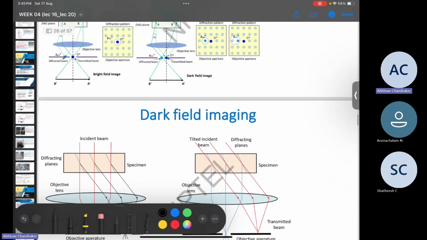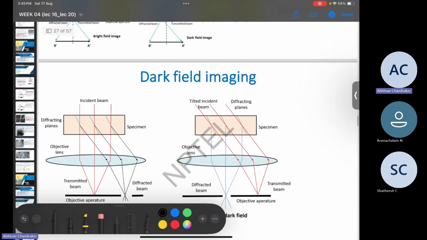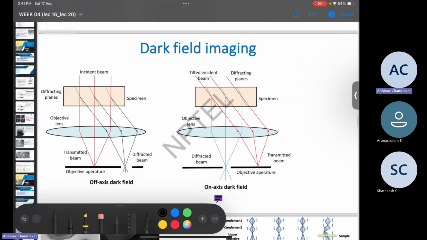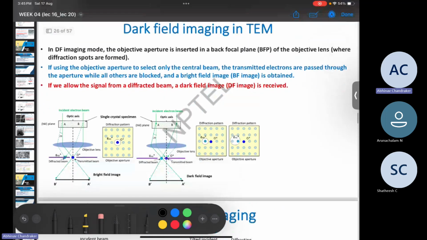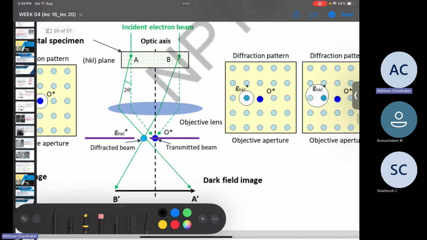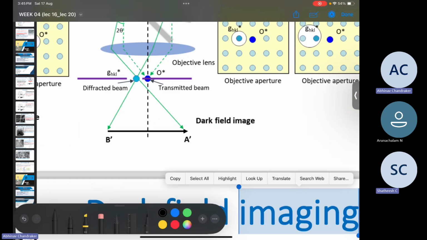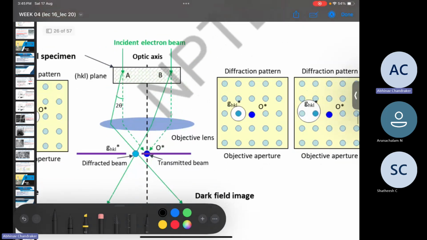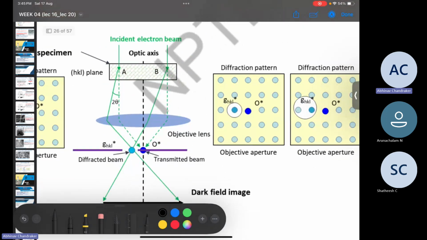Okay, so there are two arrangements which can be utilized for getting the dark field imaging. One is this one, where those electron waves which got diffracted by some angle are allowed to pass through by shifting the aperture away from the optic axis.